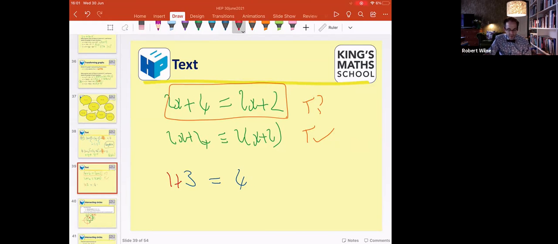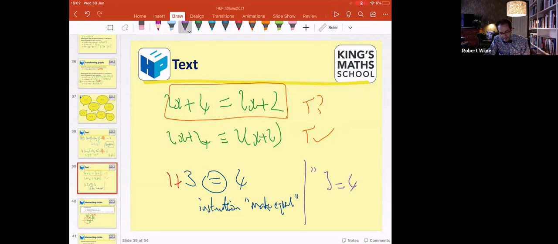So they're reading the equal sign as an instruction to make equal: make 3 equal to 4 by adding 1. That's not correct. What they should be saying is this is a claim, 3 is 4, is it true? No, it's a false claim. So 3 equals 4 is an assertion, a claim, which can be false. It doesn't have to be true. It doesn't have to be made true.